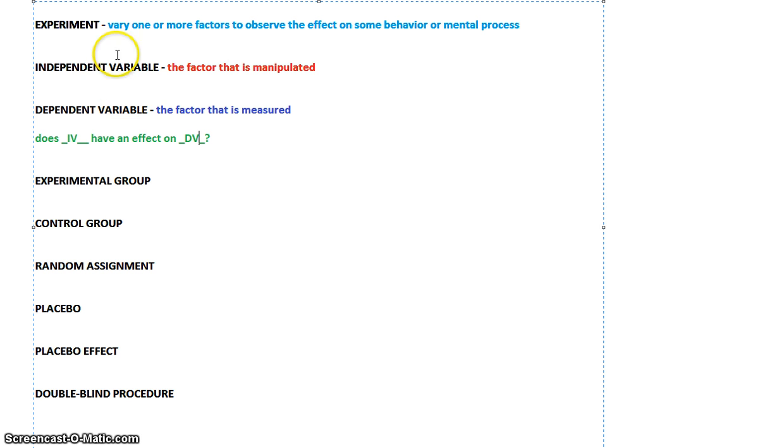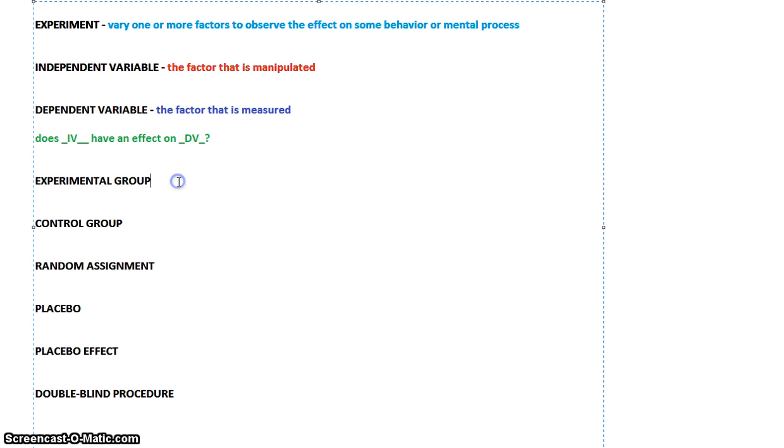So for example, in the version I've been talking about, you're asking, does this drug have an effect on depression? It really doesn't make sense to say it the other way. If you say, does depression have an effect on the drug? What's that mean? It only makes sense to say, does this drug have an effect on your depression levels? So the drug, whatever goes in that blank, that's the independent variable. The dependent variable goes in that last space.